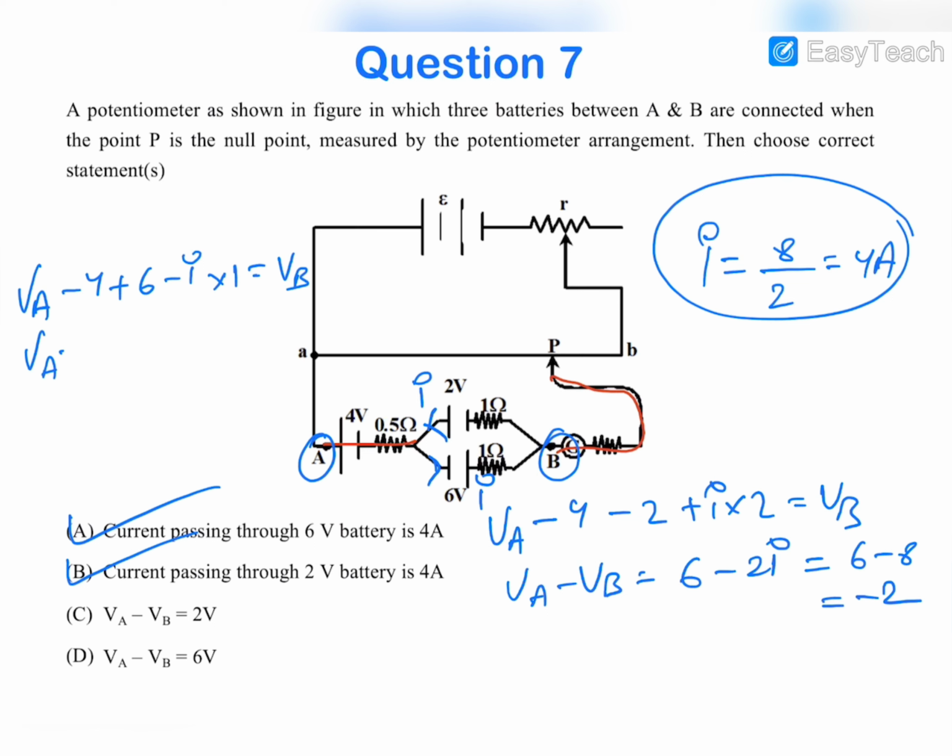So VA minus VB will be equal to minus 2 plus I. In fact, one second, this would be 1, so this is I only. So I is 4, and this will be plus 2. So I is 4, 4 minus 2 is plus 2. So the correct answer is 2. So the correct options are A, B and C. Now we move on to the next question.